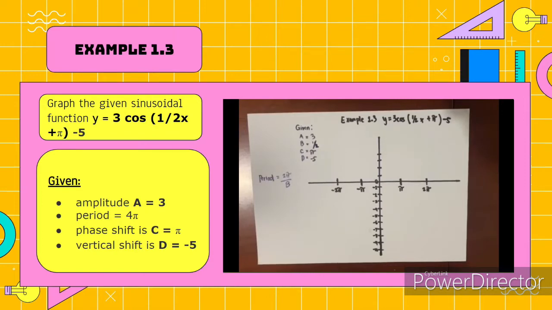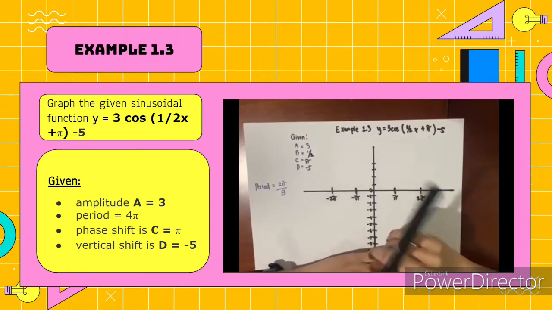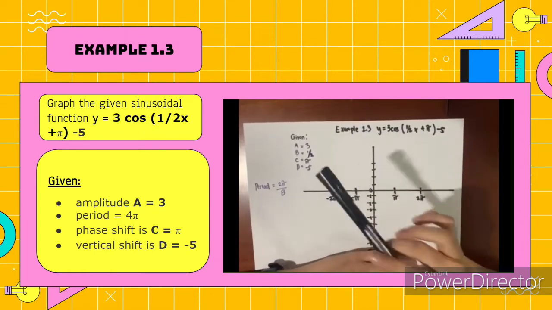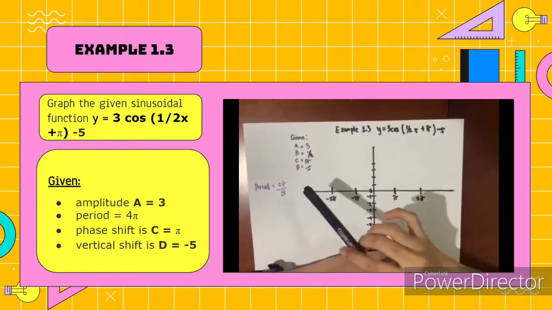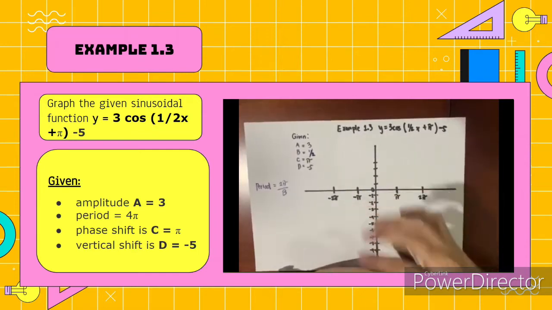So, the given amplitude is 3, b is 1 half, the phase shift c is pi, and the vertical shift is negative 5.